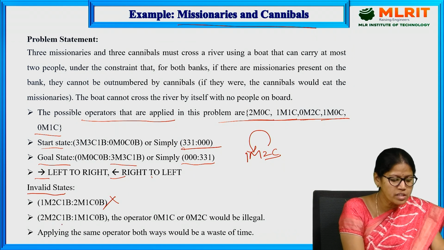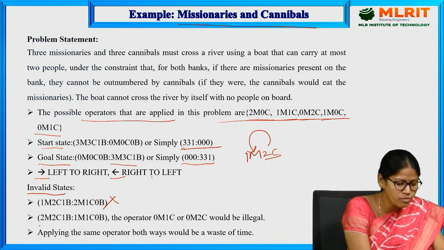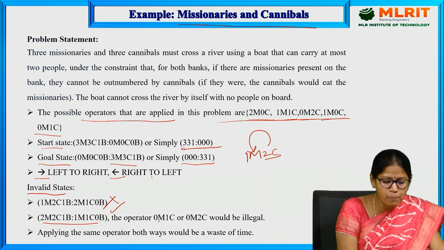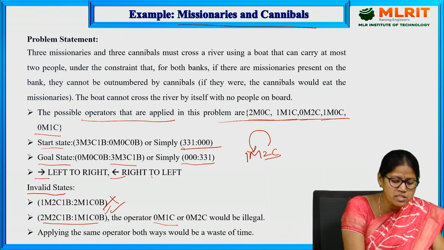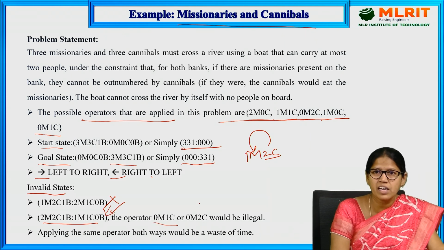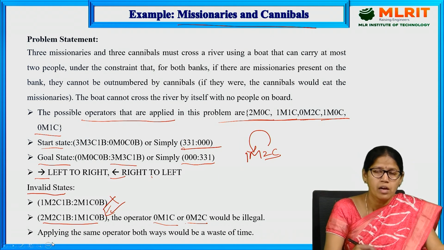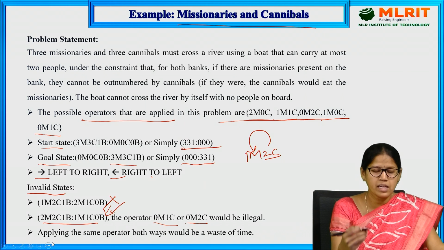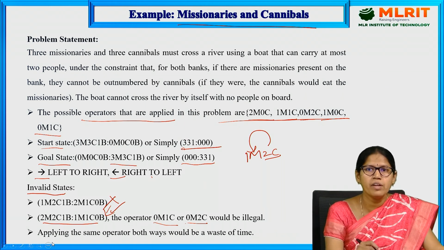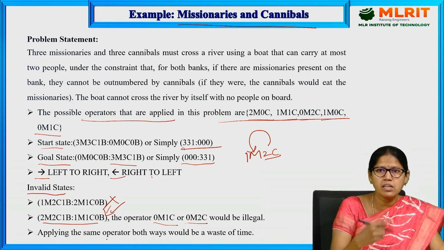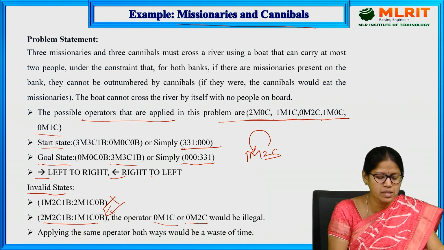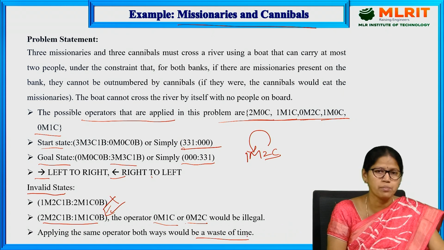Next, 2 missionaries, 2 cannibals and 1 boat is valid, but when we apply these operators on it, there is a possibility of cannibals eating missionaries, such as 0 missionaries 1 cannibal, or 0 missionaries 2 cannibals. The next one: if you apply some operator and you reach the previous state again and again, that is called a looping state. Applying that type of operator is a waste of time, because we are iterating the same operator multiple times.